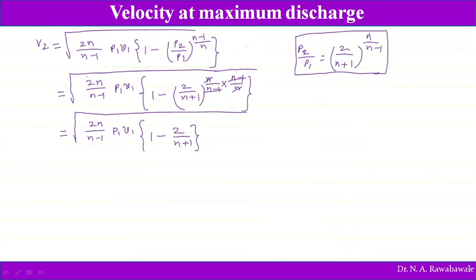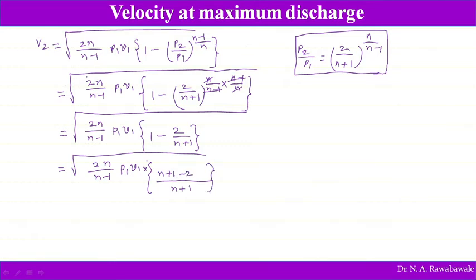Now taking n plus 1 as the LCM, 2n divided by n minus 1 p1 v1 into n plus 1 is taken as LCM. N plus 1 into 1 is n plus 1 minus 2. On simplification, plus 1 minus 2, this becomes minus 1.